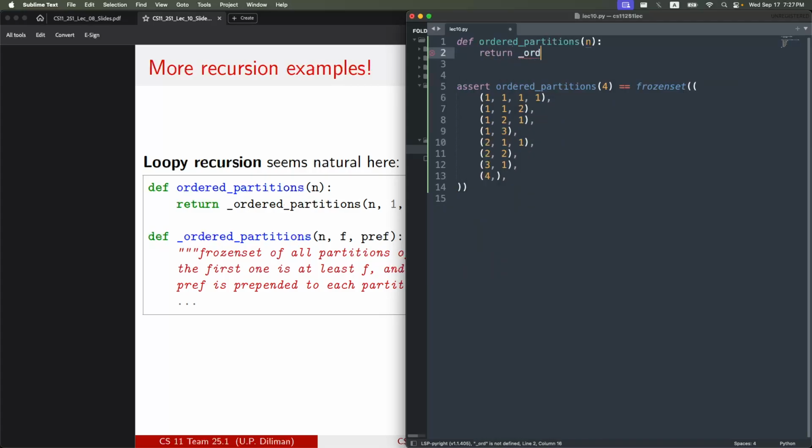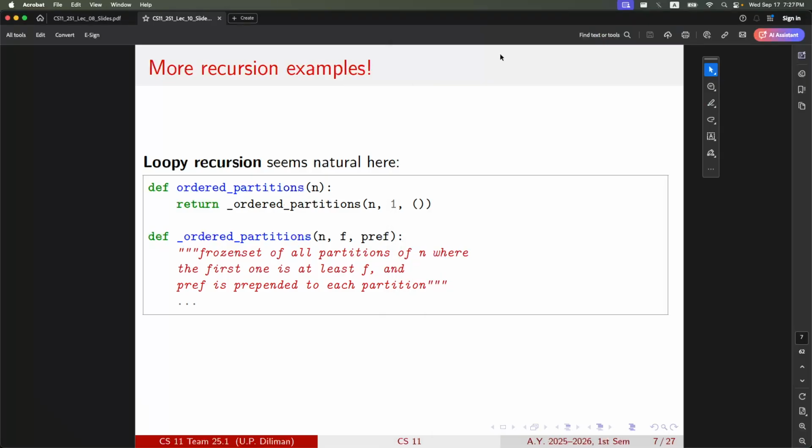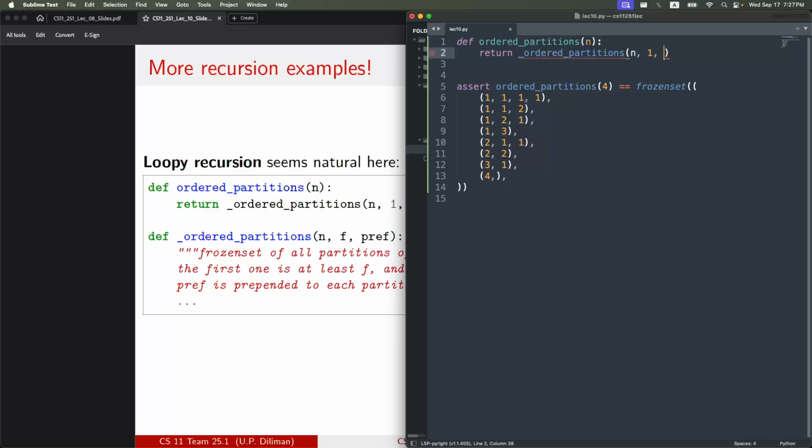So in terms of the starting function call, we want to partition n, and the first partition is at least size 1, and initially we have nothing to prepend, so we start with an empty partial solution.